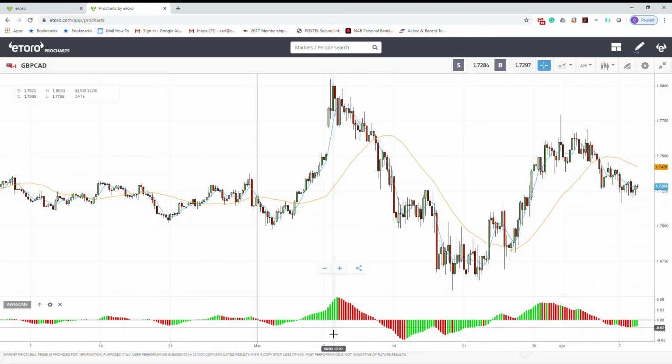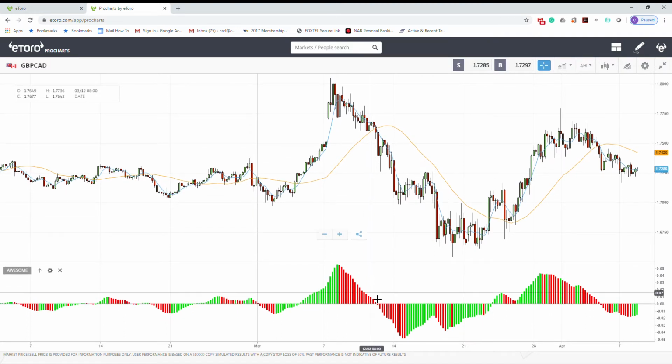To get a signal from this Awesome Oscillator, because we have a few types of signals that we can get from it, one of them is simply when you cross the zero line. So this zero line, you're crossing down here, this means that we have a sell signal. Or here we cross up, then we have a buy signal.